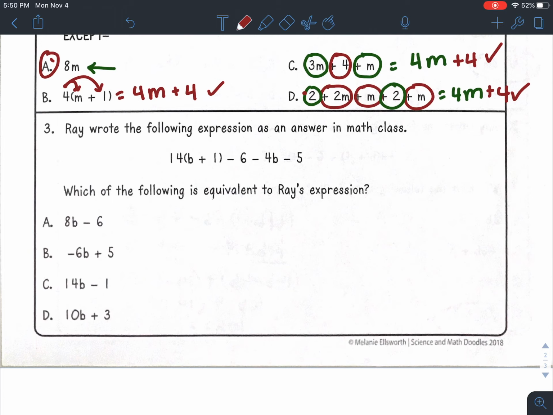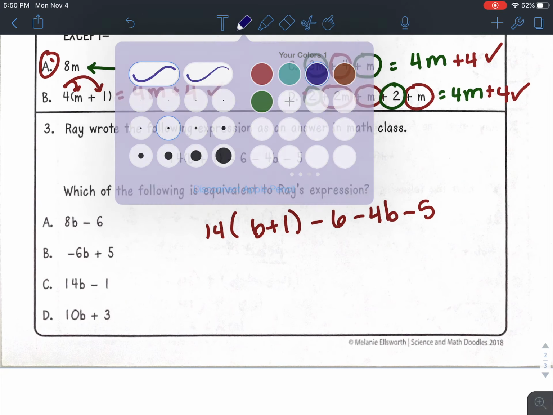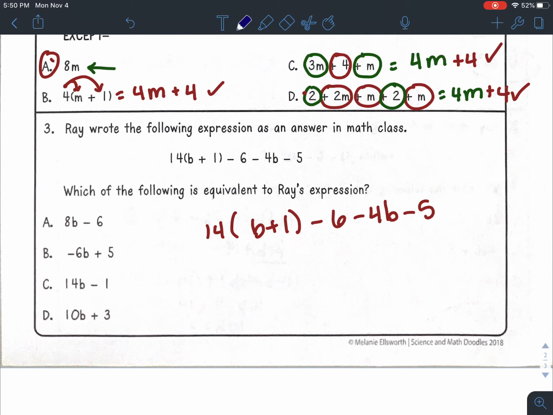And then the last one, Ray wrote the following expression as an answer in math class. Which of the following is equivalent to Ray's expression? So I have 14 times b plus 1 minus 6 minus 4b minus 5. So again, the first thing I see is that I have this multiplication piece right here.